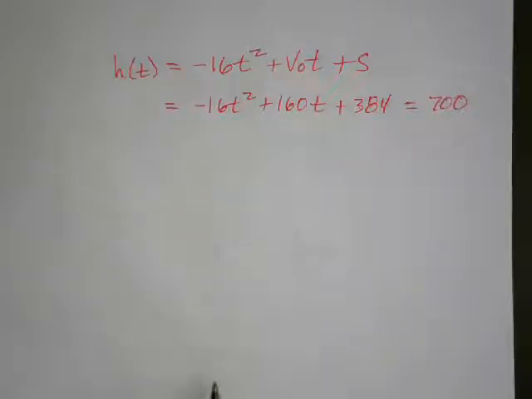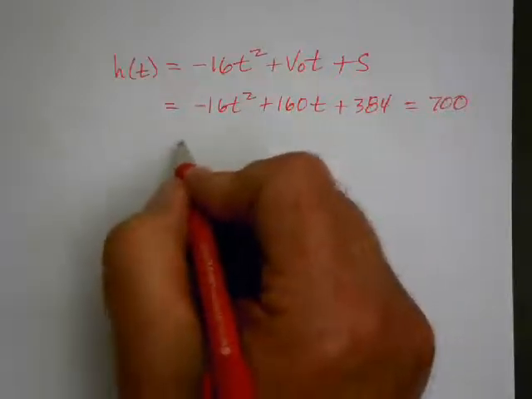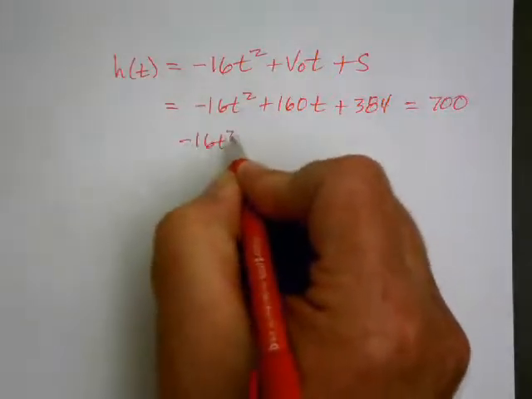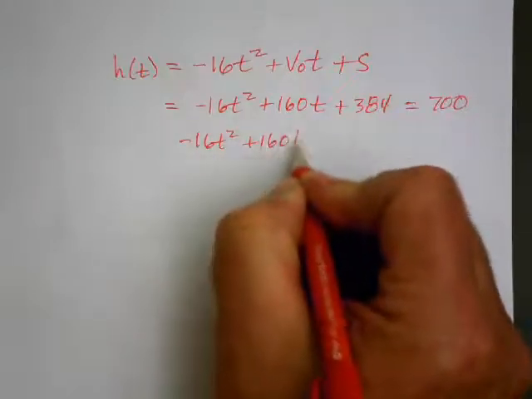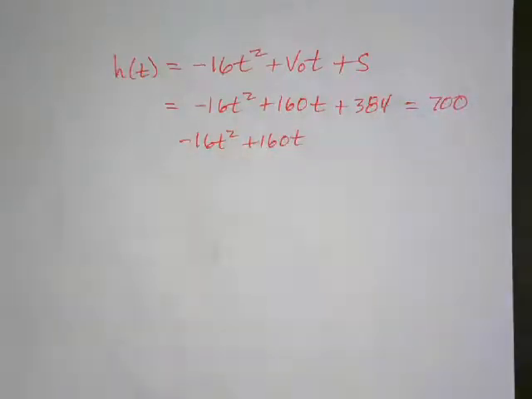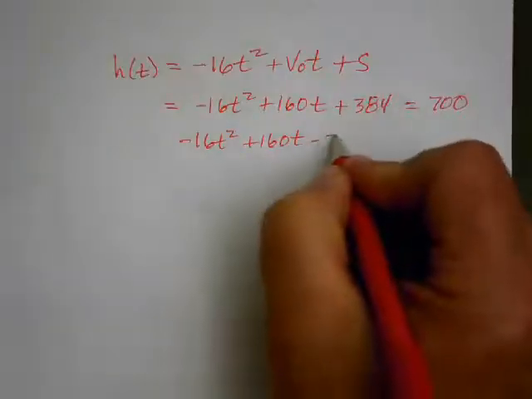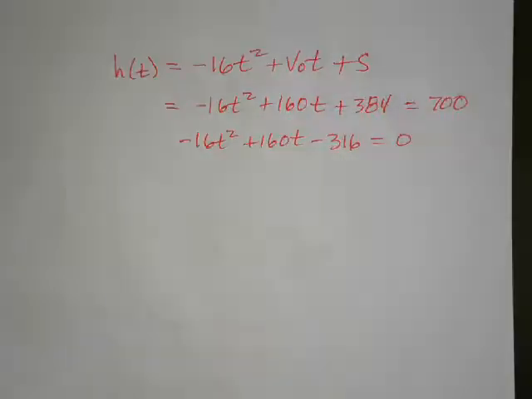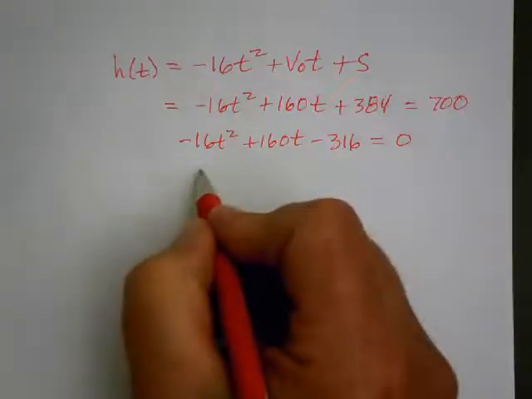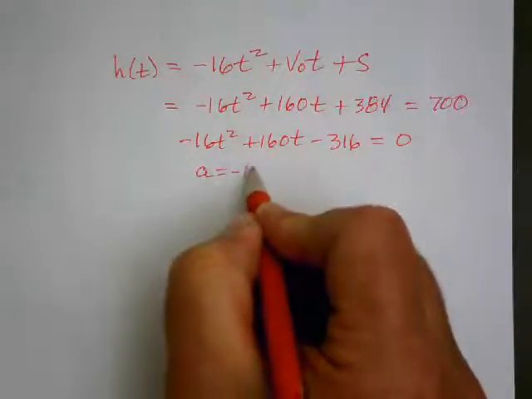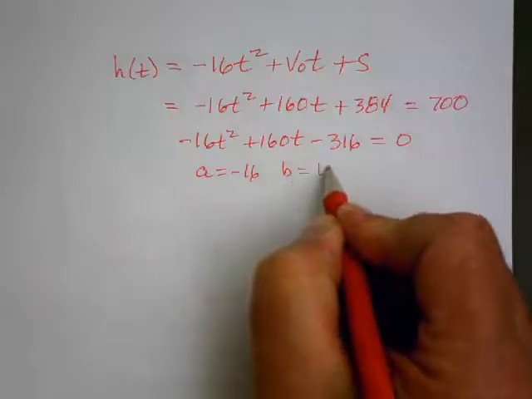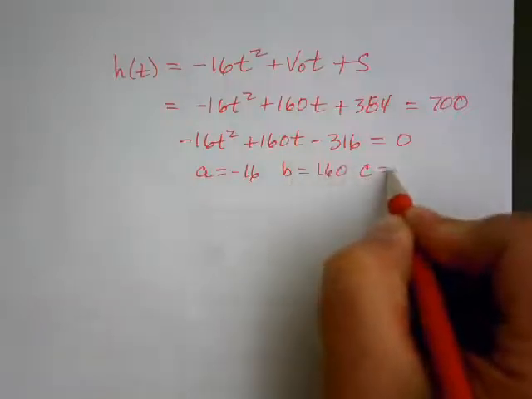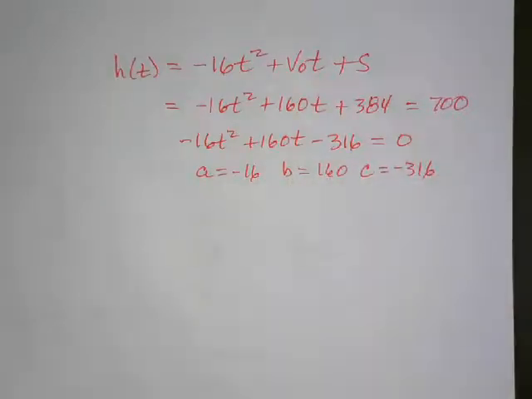So we have negative 16t squared plus 160t plus 384. Subtracting the 700 will give us minus 316. I'm not going to worry about doing anything else. I'm just going to go ahead and say a equals negative 16, b is 160, c is negative 316. Go right into the quadratic formula for this.